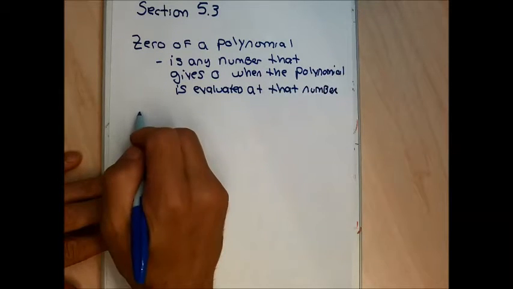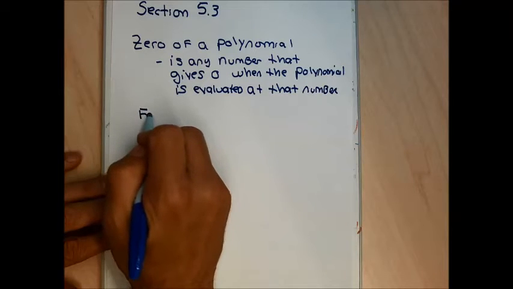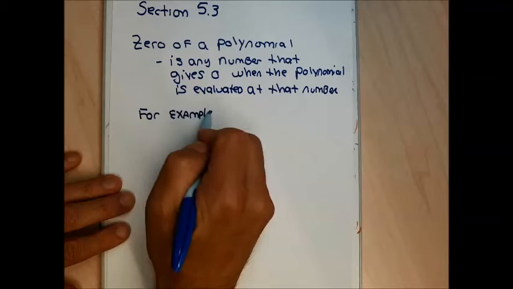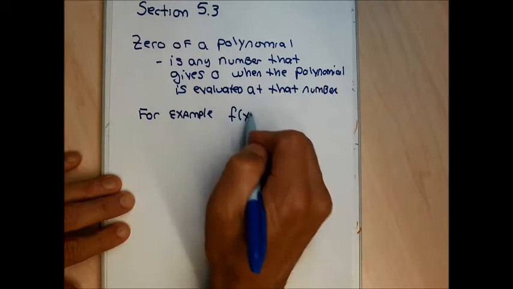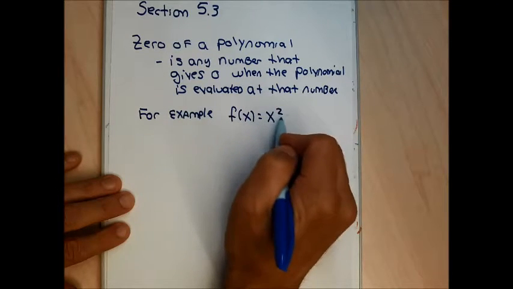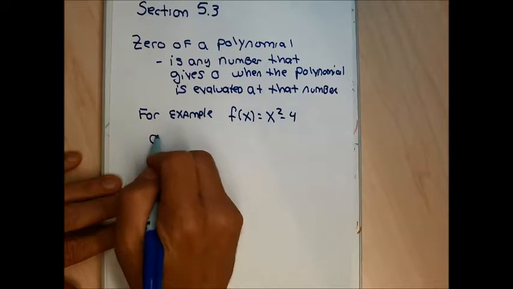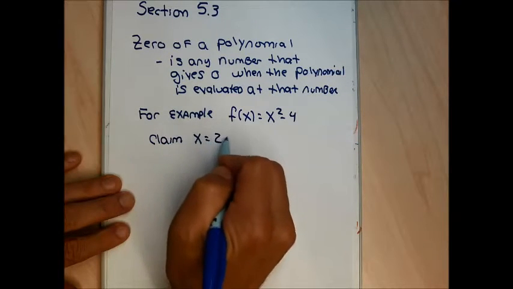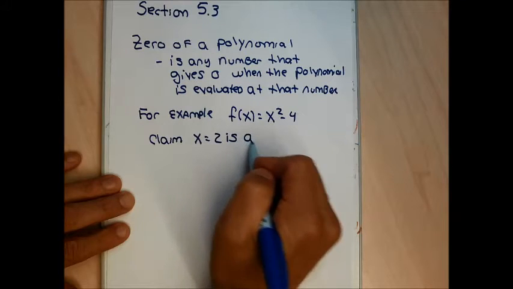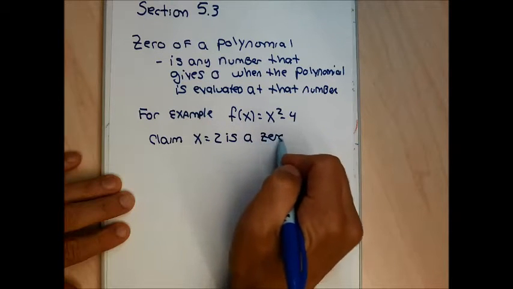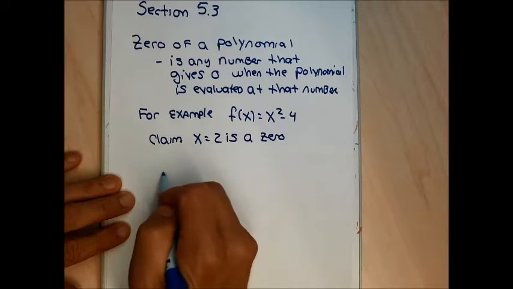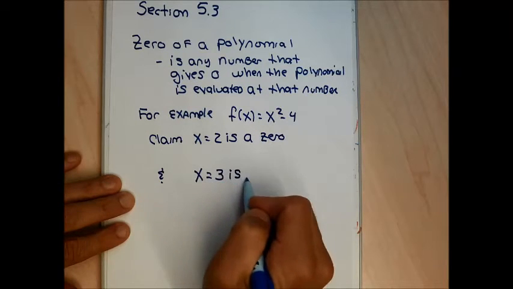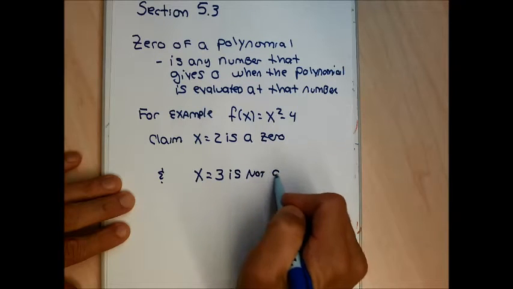For example, I'll just make up a polynomial, f of x equals x squared minus 4. I claim that x equals 2 is a zero of this polynomial, and x equal to 3 is not a zero.